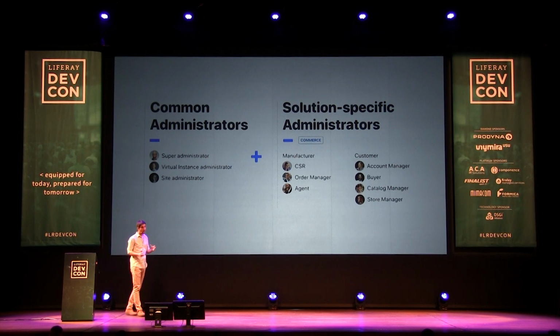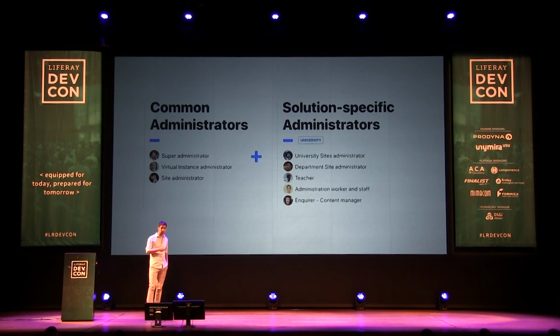And then there is another administration side that is only for the customer, where there is the store manager, the catalog manager, the account manager. For example, the catalog manager only touches the catalog, and that's all. And they need specific interfaces for that, or at least specific administration experiences.